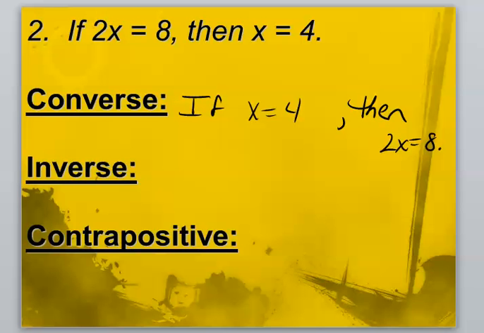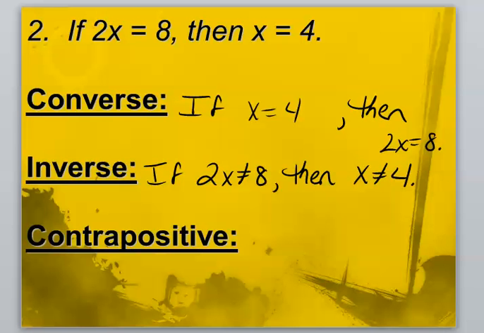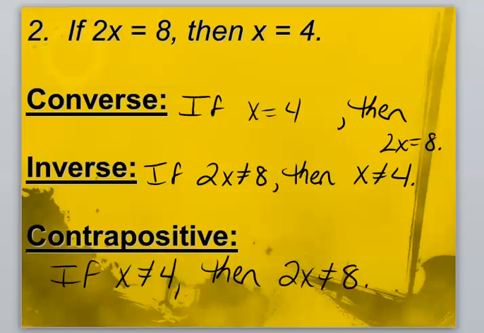So instead of if 2x equals 8, if 2x does not equal 8, put a slash through it, then, and make sure it has the n, x does not equal 4. Contrapositive, largest word does the most, we're going to do both. So I'm going to take the back conclusion and put it up front and negate it. If x does not equal 4, then hypothesis goes to the back and is negated. 2x does not equal 8.